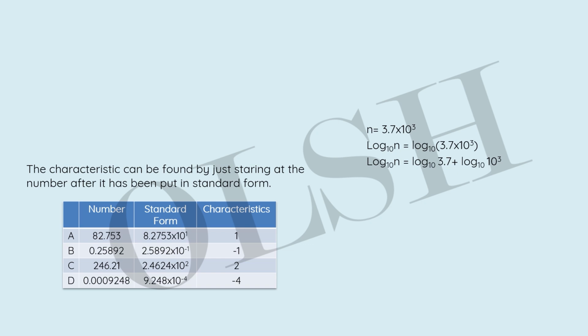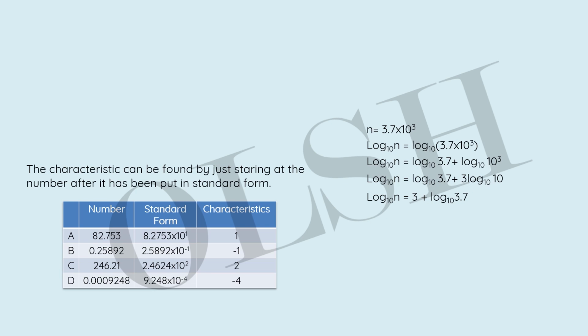Also from the law of powers, we would see that the 3 on that 10 raised to the power 3 can be brought down to the left hand side of the expression, so we can have 3 log 10 to base 10. If we further simplify this, we automatically have 3 plus log 3.7 to base 10. So that's a combination of two expressions to give us the log of n.